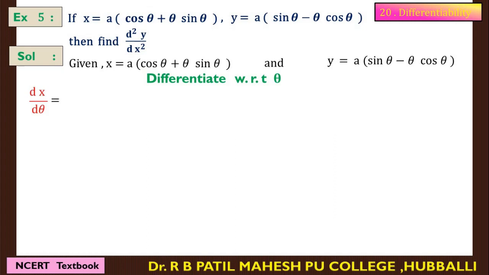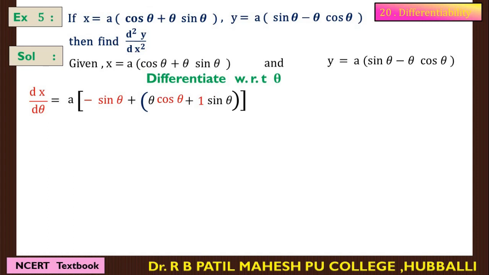On the left side it becomes dx upon d theta, a as it is. Cos theta's derivative is a single term, minus sin theta, plus here it is a product of two terms, theta and sin theta. So the product rule you have to apply. Put the bracket: theta as it is, sin theta derivative is cos theta, plus theta derivative is 1, sin theta as it is.